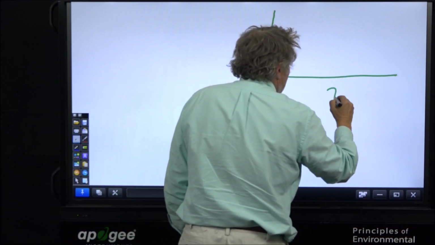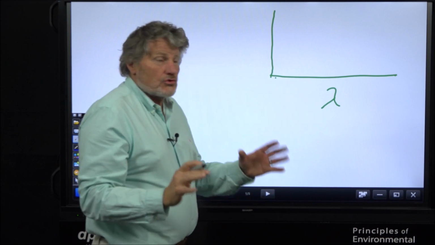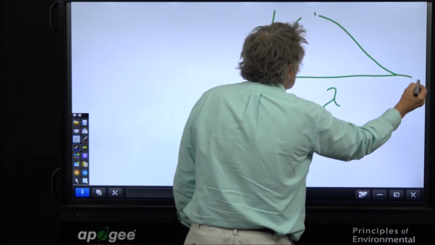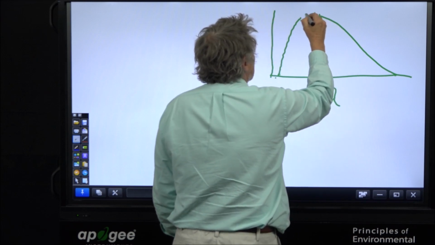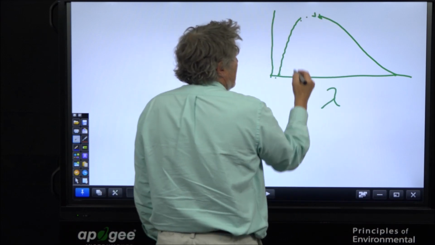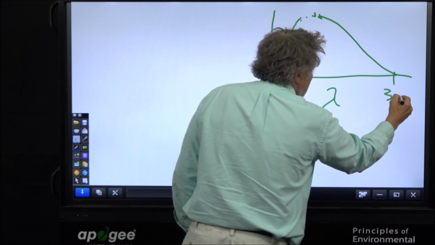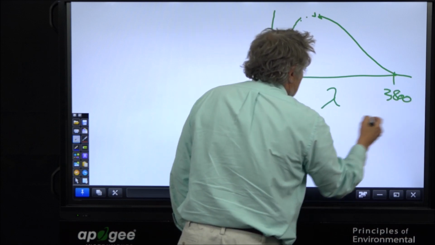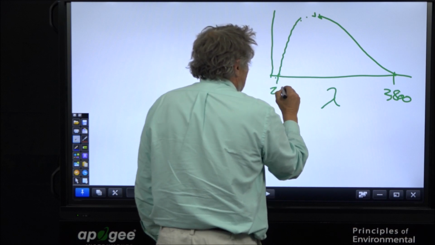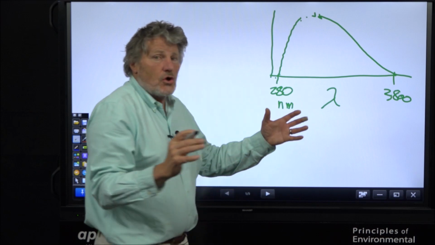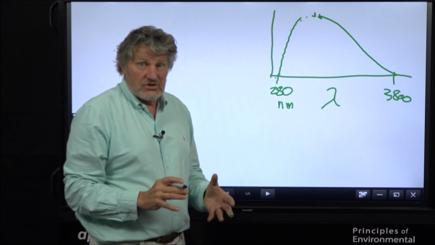Here's wavelength, and this is all shortwave radiation, and this curve looks something like this. This is 2,800 nanometers out here, and this is about 280 nanometers right here. This is all shortwave radiation from the sun.